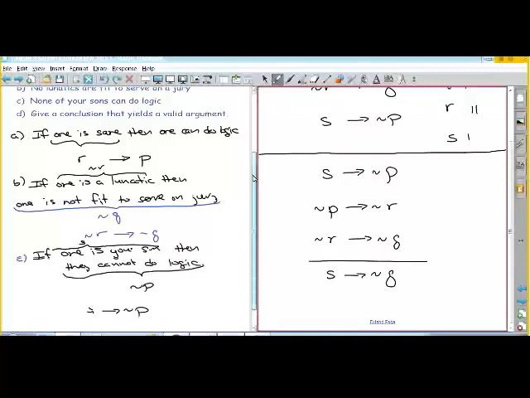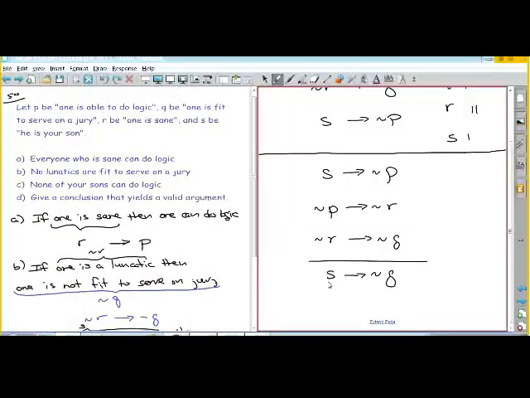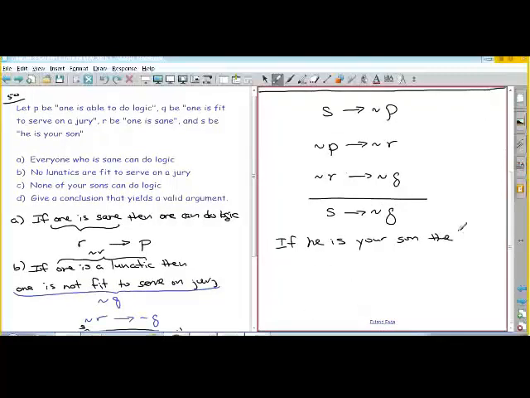So now I've done all that symbolically. I can go back and just rewrite it here. So S is: if he is your son, then not Q, then he is not fit to serve on a jury.